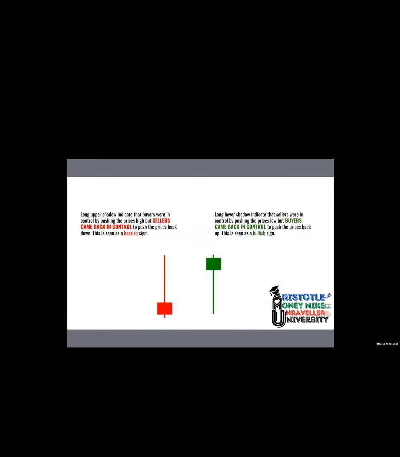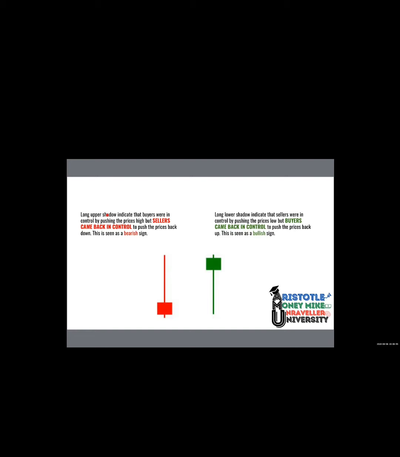So let's go over longer upper wicks and longer lower wicks, right? Long upper shadows indicate, by the way, shadows and wicks are the same thing. If someone says shadow or wick, this right here will be your shadow or wick, depending on who's talking.